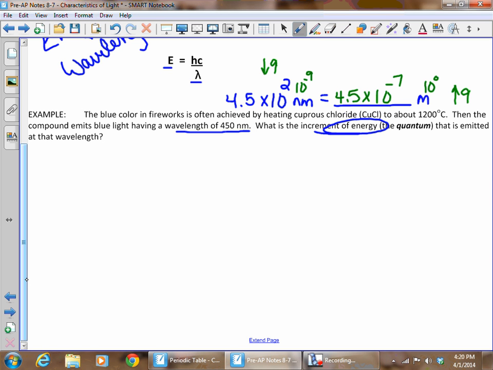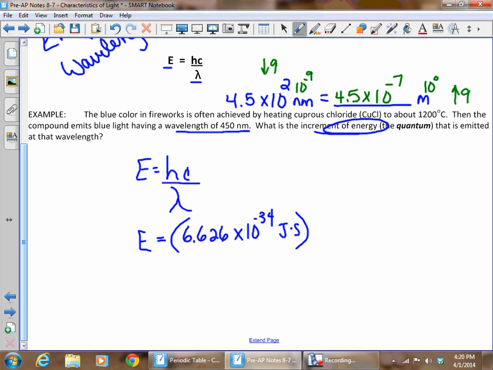So let's solve this problem. Energy and wavelength, we know that E is equal to hc over lambda. We are actually solving for energy this time, so we don't need to rearrange the equation. E then is equal to Planck's constant, 6.626 times 10 to the negative 34th joule seconds, times the speed of light, also a constant.